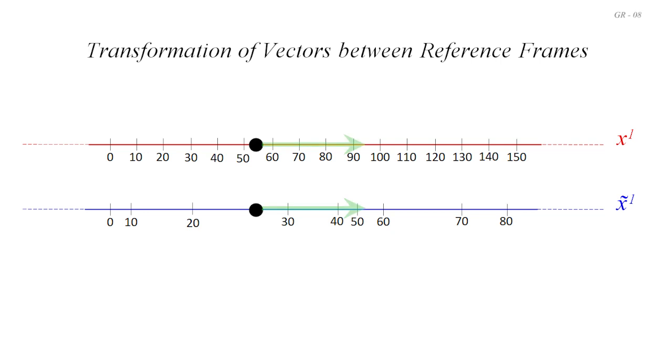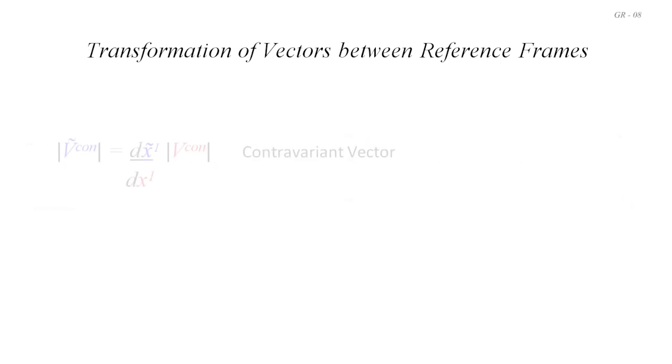The position of the vector in the space is shown to be at the black dot on each of the scales. From that discussion in video number 3, we found that if the vector in question was contravariant, then the measurement made in the red frame, v-con, could be converted to the measurement in the blue frame, v tilde con, like this. The conversion factor turned out to be the rate of change of position in one frame by the other.